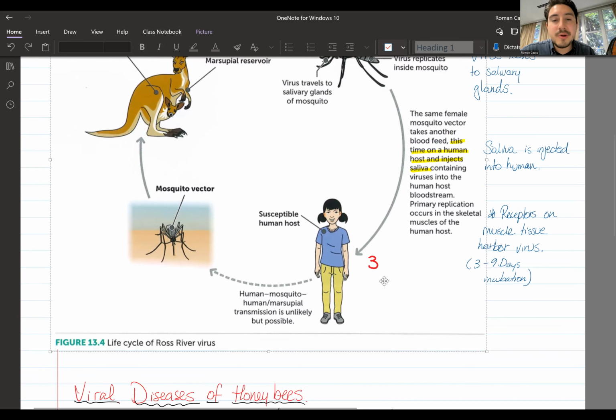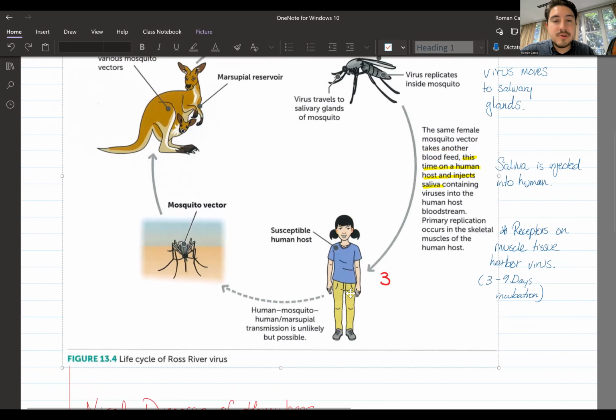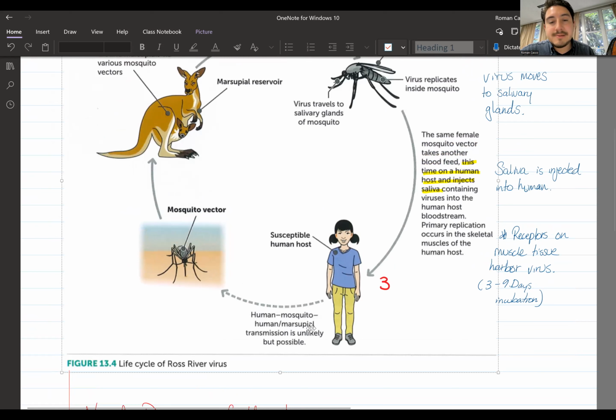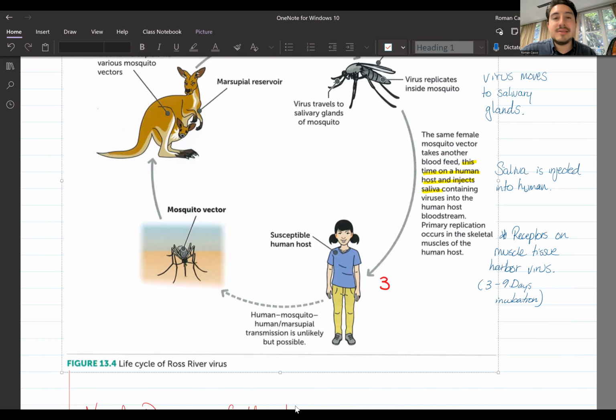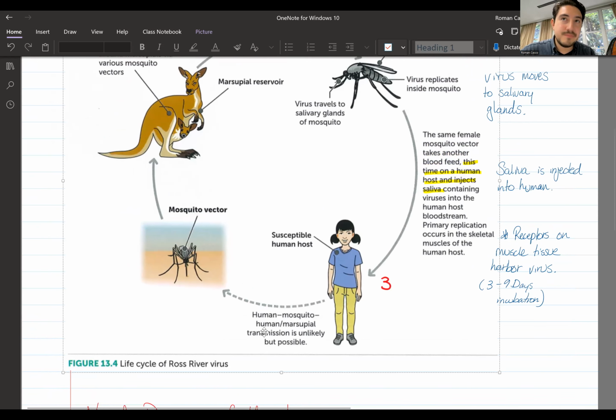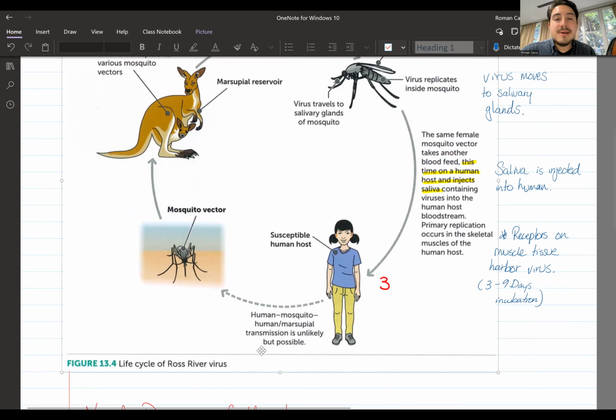And then you have that susceptible host, which is us. It is possible, you have that mosquito vector, and you pretty much get infected, right? And that's how a human gets that disease. If a mosquito comes in and then blood feeds on a human, it's not as likely to pass on to a marsupial vector or marsupial reservoir.